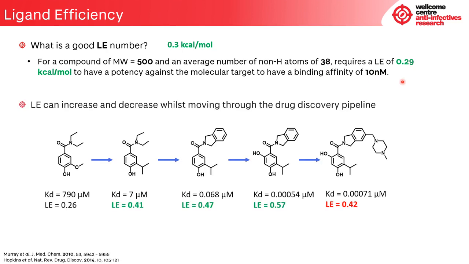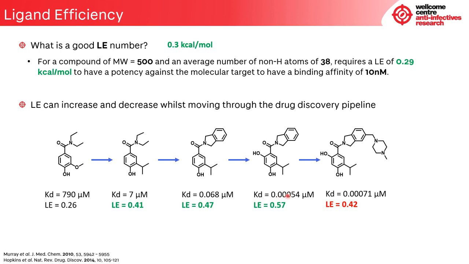What you should therefore note is that ligand efficiency can actually increase or decrease as it moves through the pipeline. Here, for instance, you see a HSP90, heat shock protein 90, fragment-based drug discovery program. What they did was take this fragment-based hit and start to optimize and drive their potency in the correct direction.